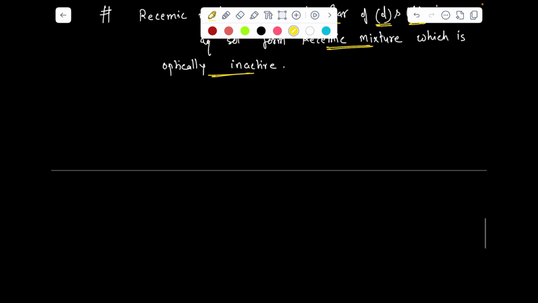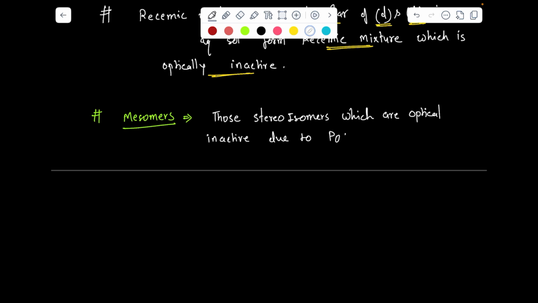The next terminology is mesomers. Mesomers are stereoisomers which are optically inactive due to a plane of symmetry, POS. For example, I am writing tartaric acid. We have COOH, COOH, H, OH, H, OH.